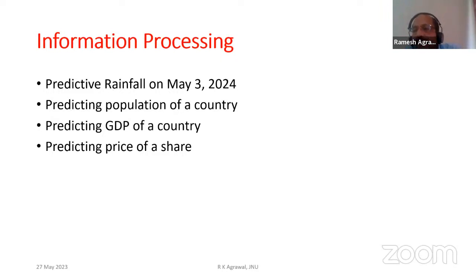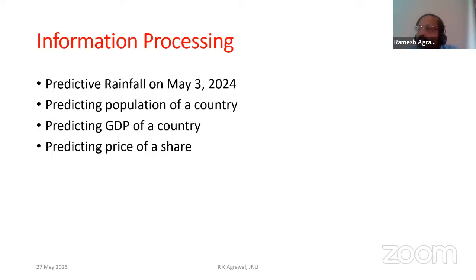Only the day before yesterday, the Meteorological Department announced that in North India and Central India there will be rainfall, and the wind velocity will be around 35 to 40 kilometers per hour. And you found that this came true. So based on the data, if you can predict some information, that comes under information processing.